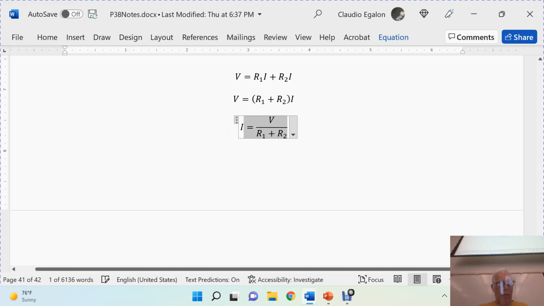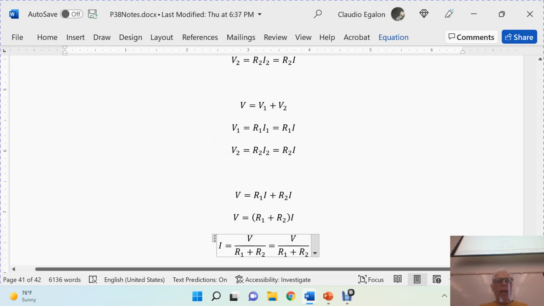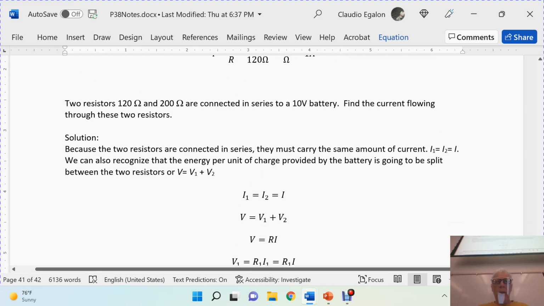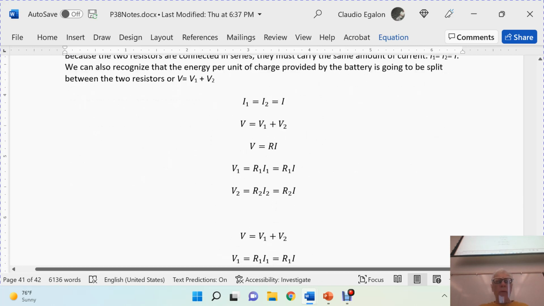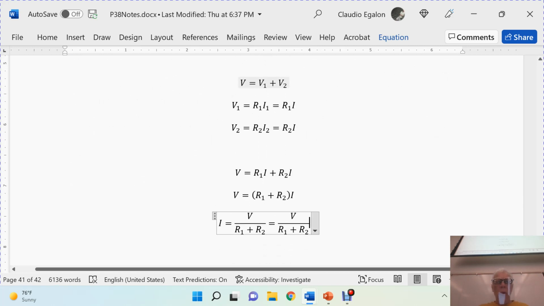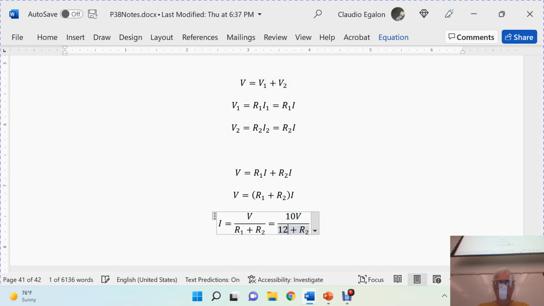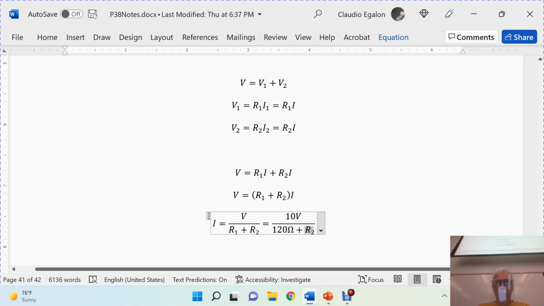What is the value of the voltage that I gave there? It's 10 volts, with 120 and 200 ohms.